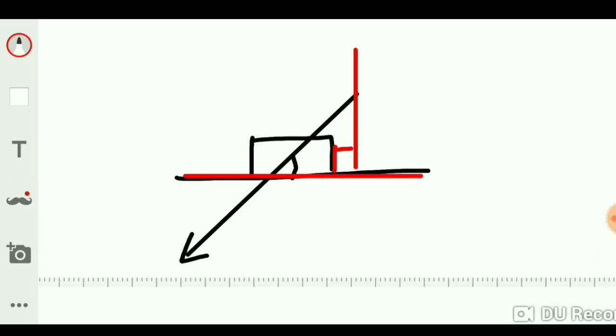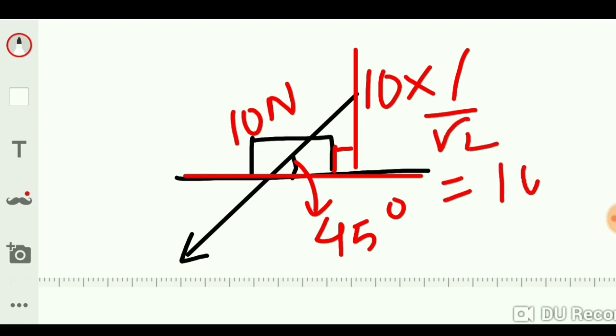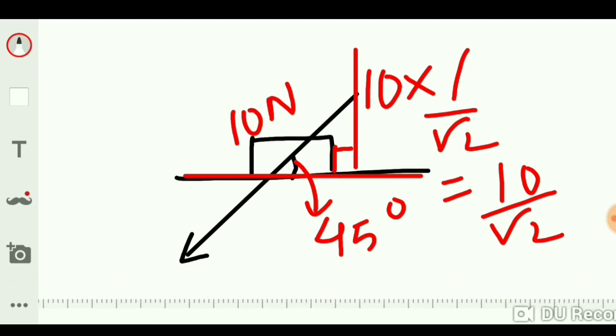As we all know, theta was 45 degrees, our vector was 10 Newton, so this one is going to be 10 into sine 45, which is 1 by root 2, so it becomes 10 by root 2. What's that going to be?